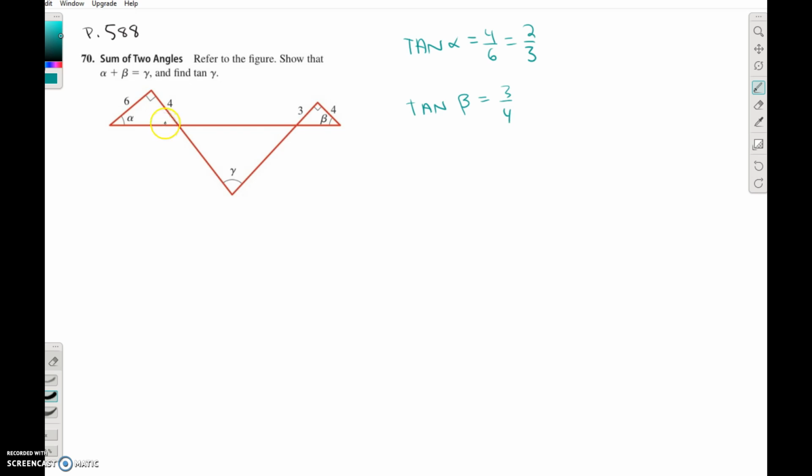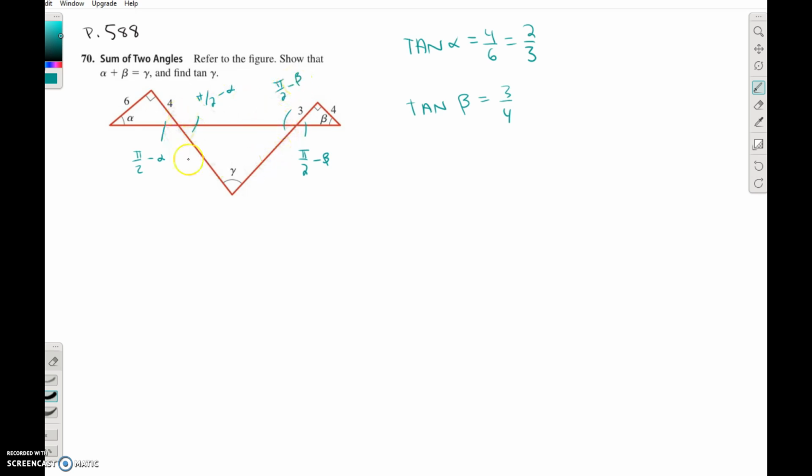I know this angle here is pi halves minus alpha, and this angle here is pi halves minus beta.